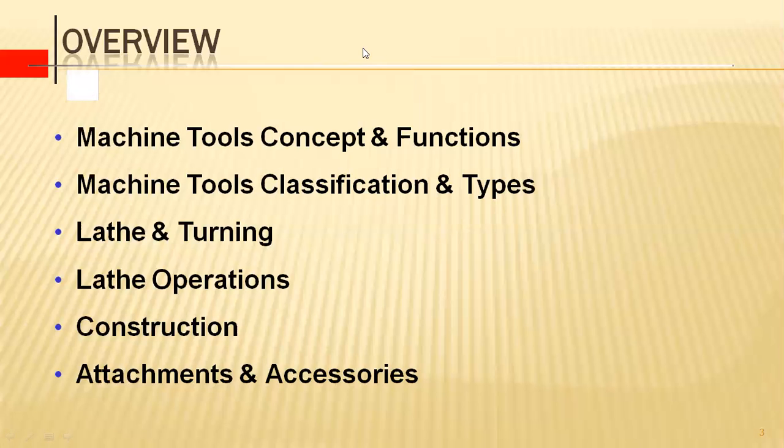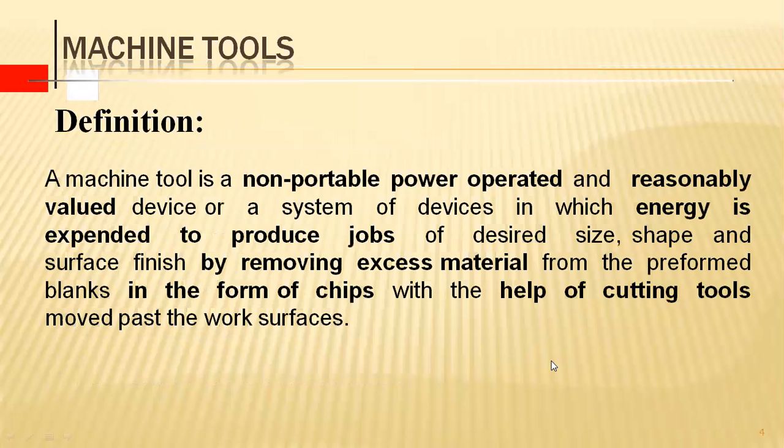Initially we'll have a detailed discussion regarding the construction of a conventional lathe machine and the impartation of automatic techniques and equipment over the lathe machine for decreasing human effort and increasing the productivity progressed in the conventional method. For that, the attachments and accessories that are necessary we'll be discussing in detail.